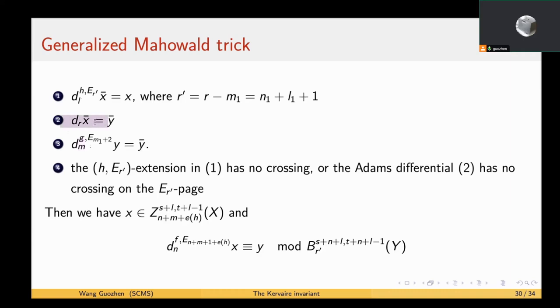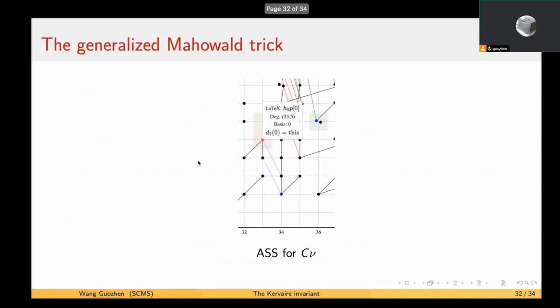And what about this differential? We directly see from here that the d2 differential is not crossed because it is also the shortest differential from the end of the E2 page. So what do we conclude?